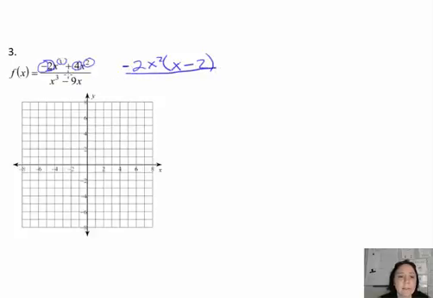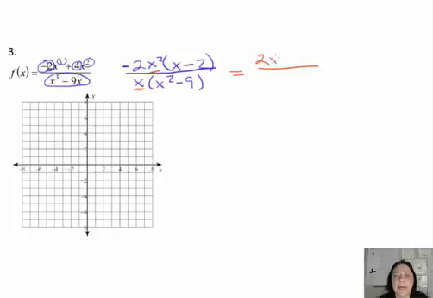Let's have a look at factoring my denominator. Well, I have a common x, so let's factor that out, and that leaves me with x squared minus 9, which is a difference of squares. Also, I can see now that I'm going to want an x in the top and the bottom because those are going to be common factors.